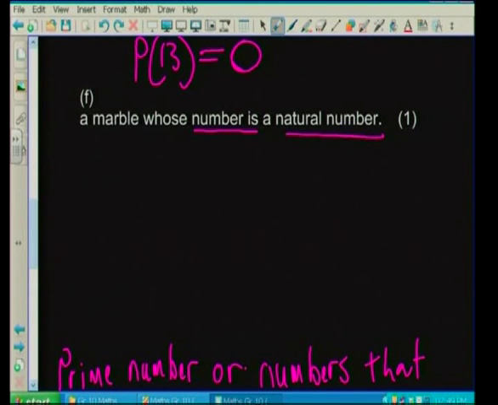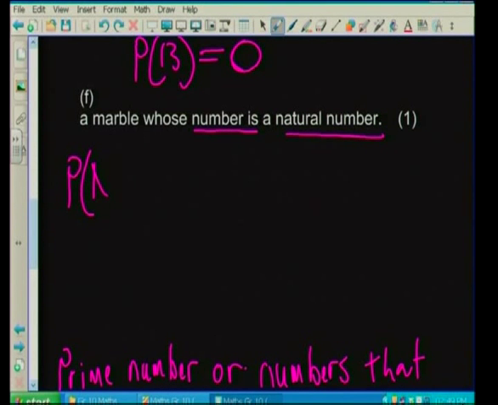Now, guys, let's have a look at our sample space. 1, 2, 3, 4, 5, 6, 7, 8, 9, 10, 11, 12. All of those are natural numbers. So I can say that the probability of a natural number is 12 out of 12, which is then 1, and which makes it a certain event. Certain. So the number 13 was impossible. And getting a natural number is a certain event.